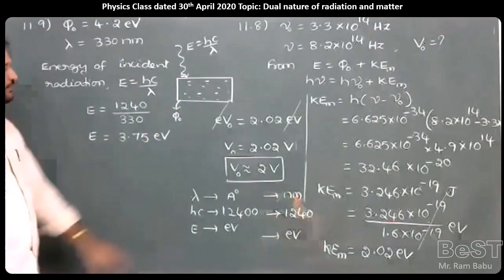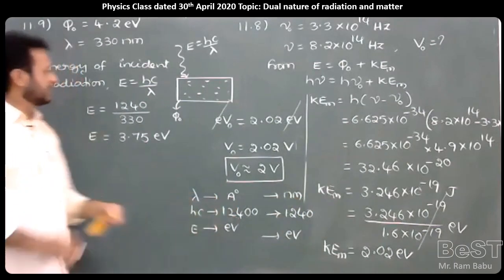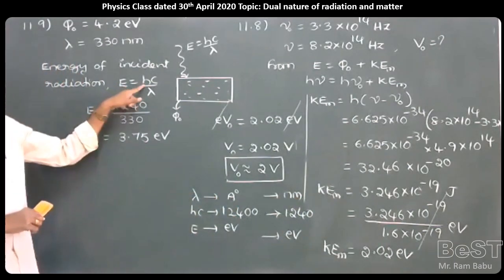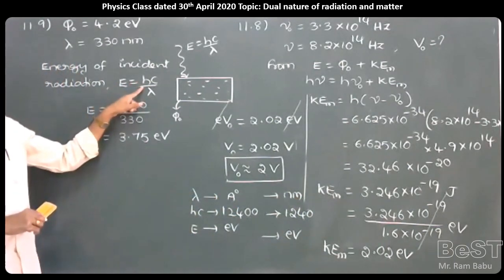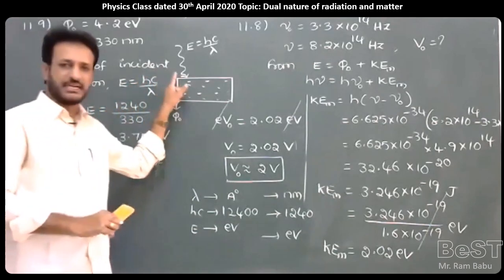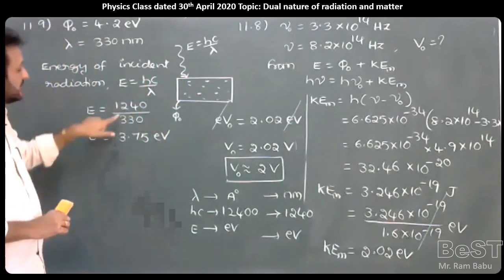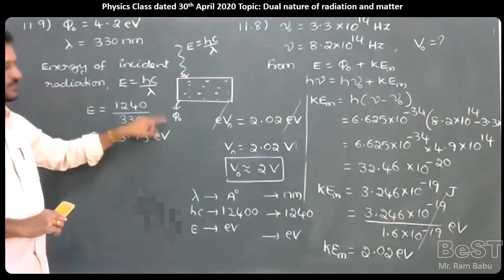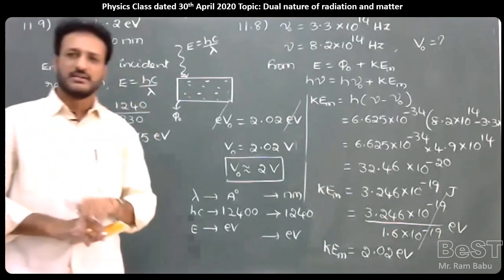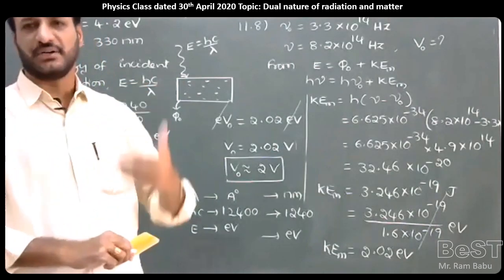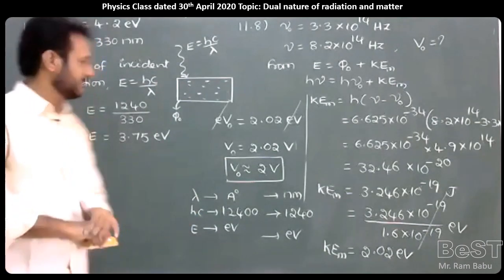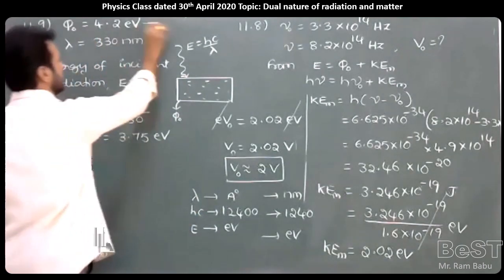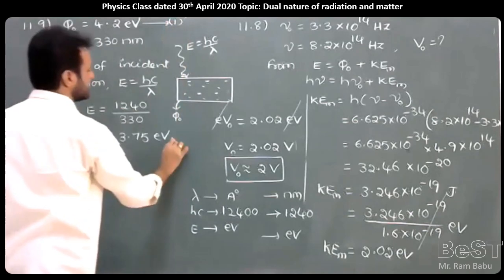Or if you don't know this value, we should substitute Planck's constant h value 6.625 into 10 power minus 34, into 3 into 10 to the power of 8, divided by 330 into 10 power minus 9. We will get the energy value in joule. After getting joule, we need to convert into electron volt. That's also one method.